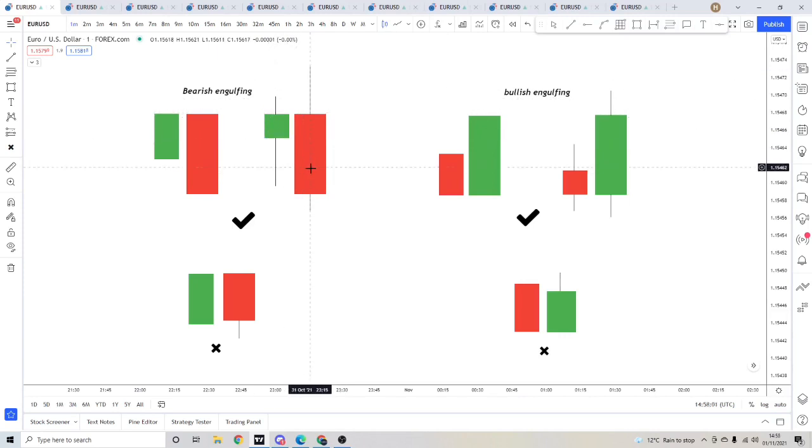But the body of the sell candle has to close lower than the previous buy candle, whether that's the wick or just the whole candle. So this down here is invalid because although we do come below it, we don't close below it. The body closes above, so it's invalid.